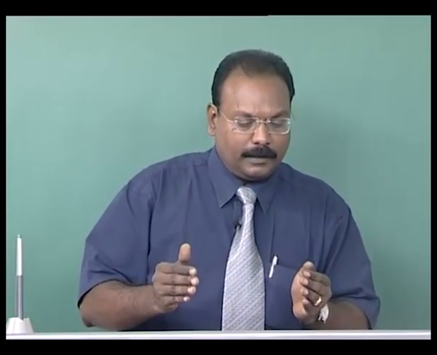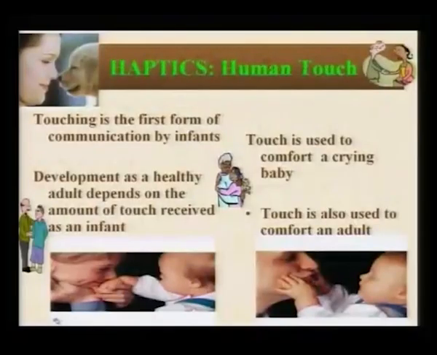As I said before, touching is the first form of communication, even for infants. In fact, even before making sound or meaningful noise, they learn everything just by touch. Researchers say the development of a healthy adult depends on the amount of touch received as an infant.